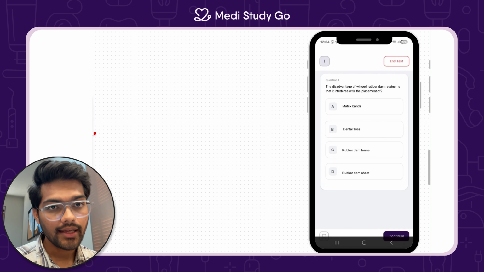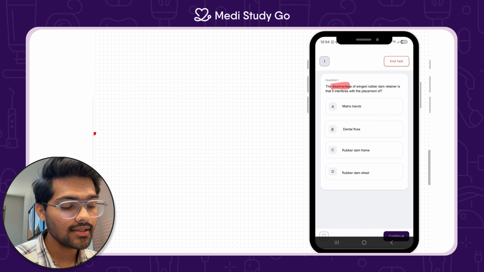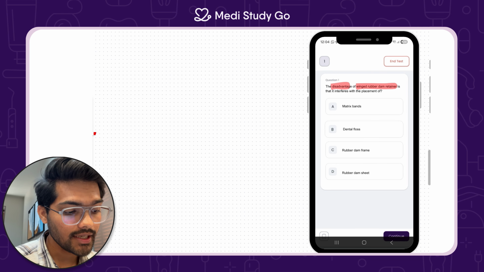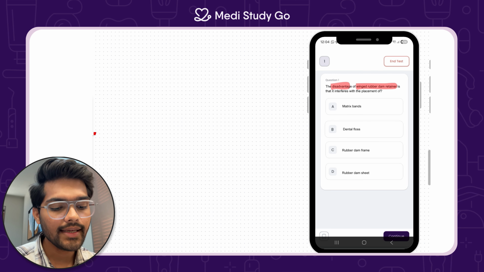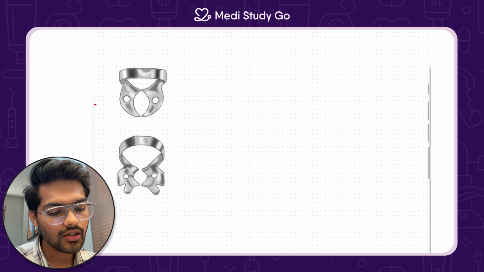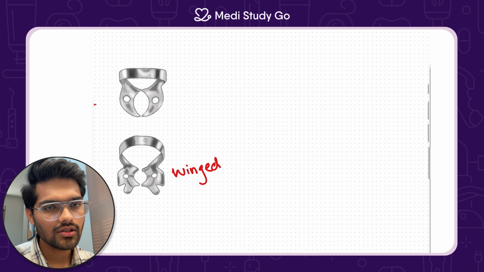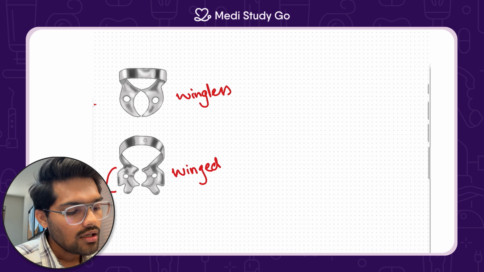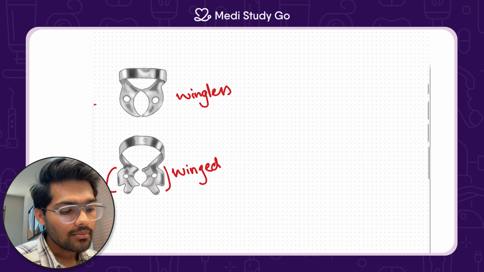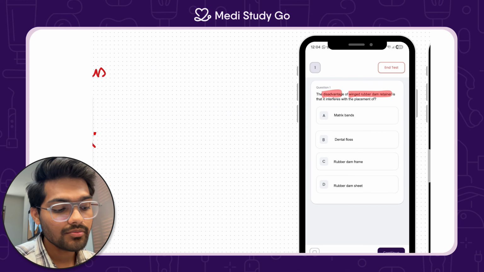Next, we have one MCQ. The question goes like, what is the disadvantage of winged rubber dam retainer? We have already studied what winged and wingless rubber dam clamp or retainer looks like. This is what a winged retainer looks like, and this is a wingless retainer. The basic difference is the presence of those wing-like extensions. So the disadvantage of winged rubber dam retainer is that it interferes with the placement of what?